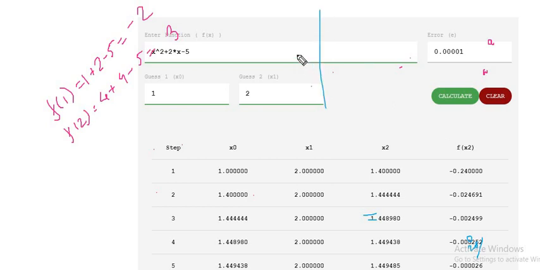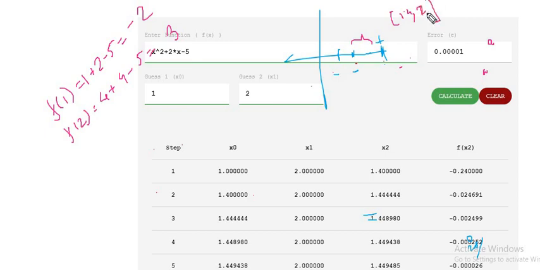Earlier it was between 1 and 2. So 1 gives us a negative value and 2 gives us a positive value. But now the root comes somewhere around 1.4, and the function value is negative. So our next interval will be between 1.4 and 2.